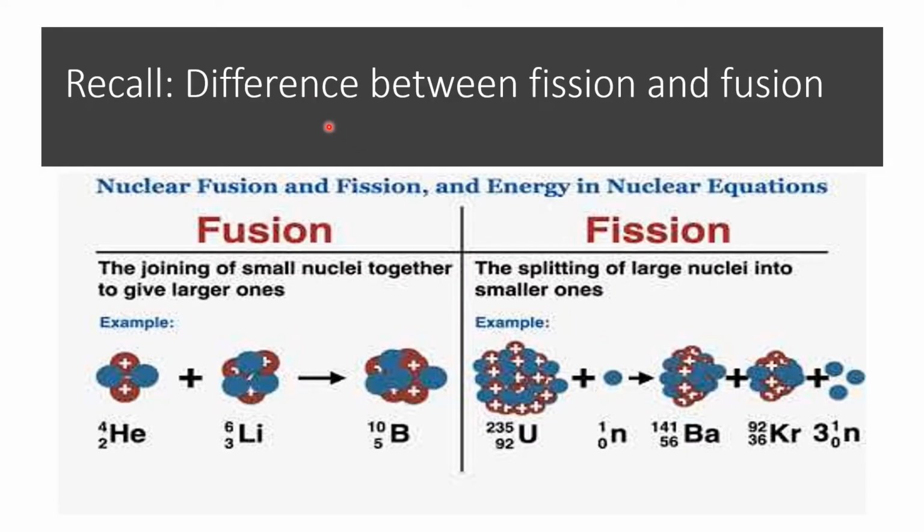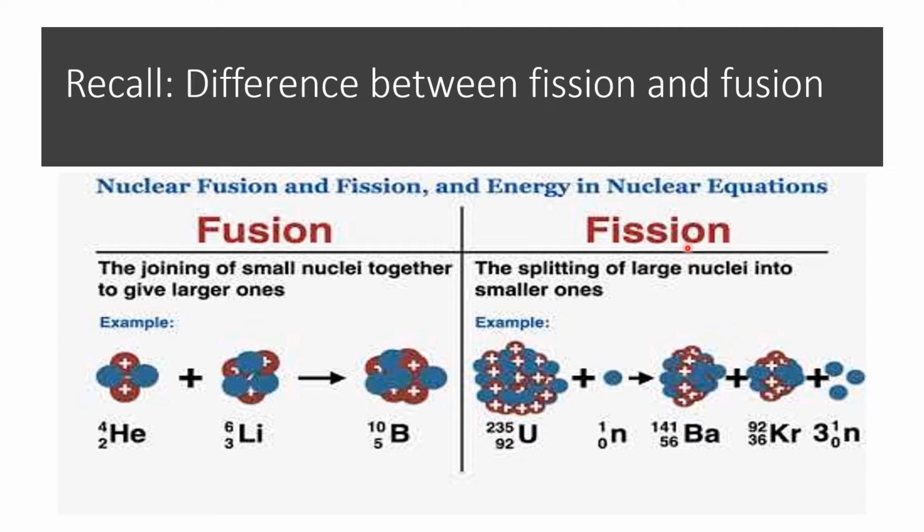Now, what is the difference between nuclear fission and fusion? The biggest difference here is that fusion is the joining of small nuclei together to give larger ones. A very small nucleus and another small nucleus, they fuse together, they combine together to form a larger nucleus.